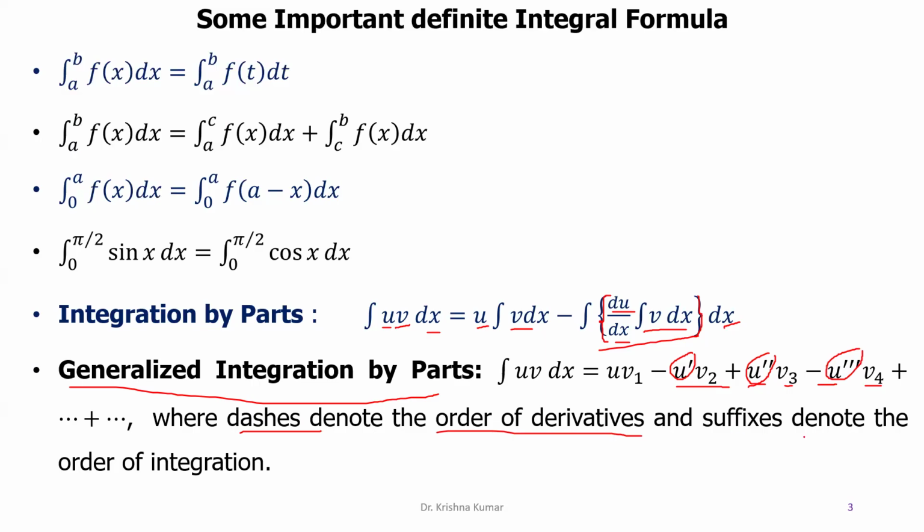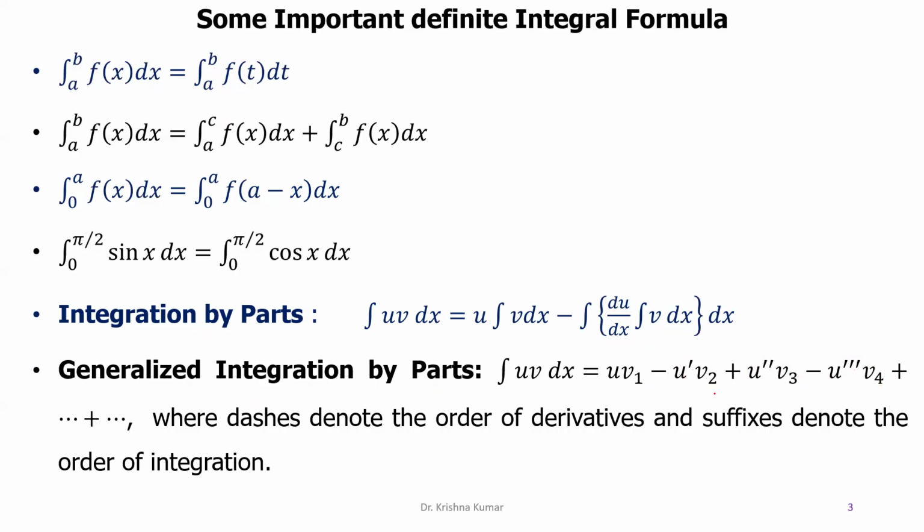The suffixes denote the order of integration. v1 means v is integrated one time, v2 means v is integrated two times, v3 means three times, and v4 means four times. The learning of this formula is very simple. If the order of derivative is odd, then the term will be minus, and otherwise it will be plus. So alternate plus and minus signs will come.